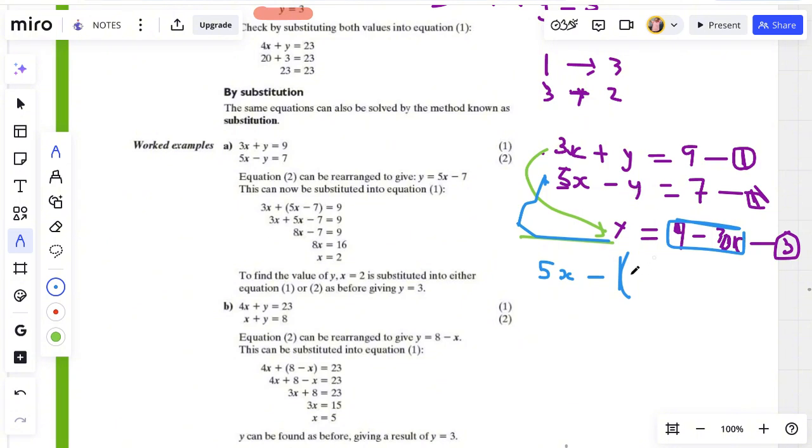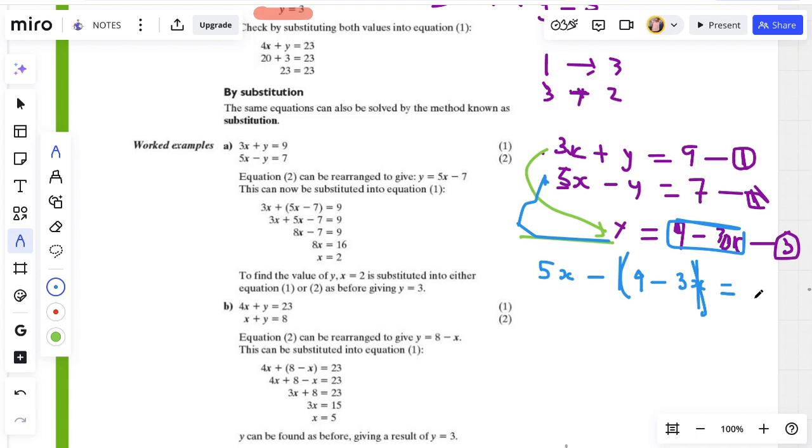So I put here 9 minus 3x, and we close the bracket, is equal to 7.